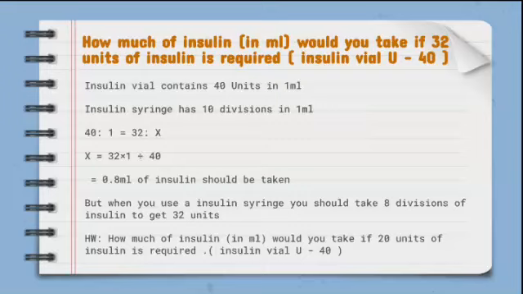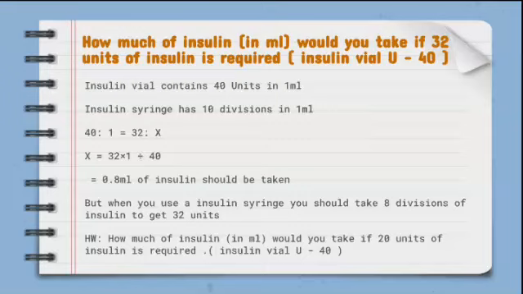So 40:1, that is 40 divided by 1, is equal to the amount we need, which is 32 units. For 32 units, how much insulin will you take? So 32:x, that is 32 divided by x. In your notebook you can write 40 divided by 1 is equal to 32 divided by x. Keep the x on one side and bring the other things to the other side.